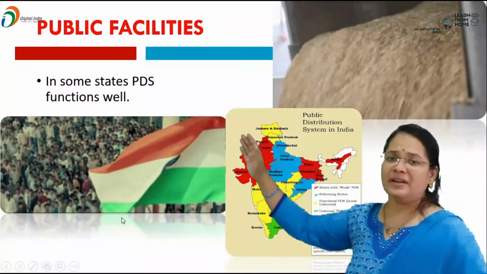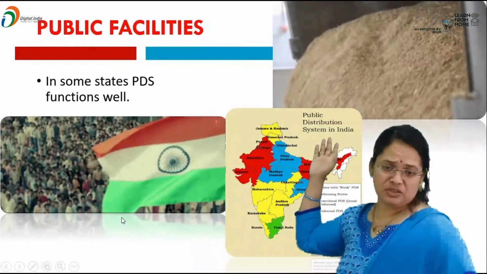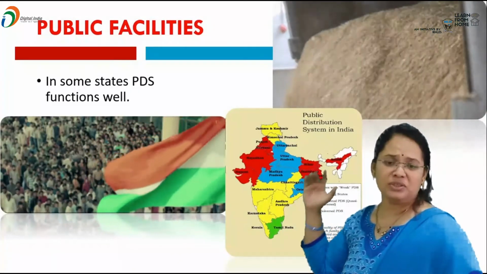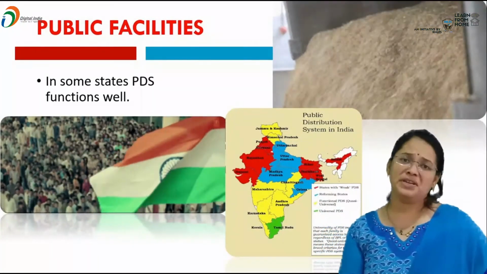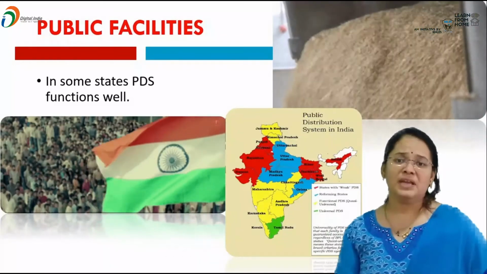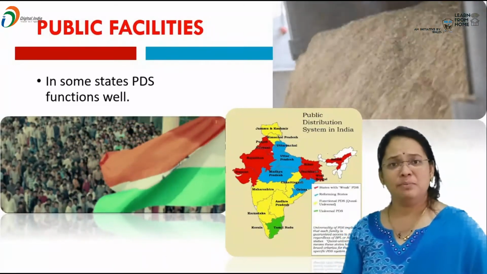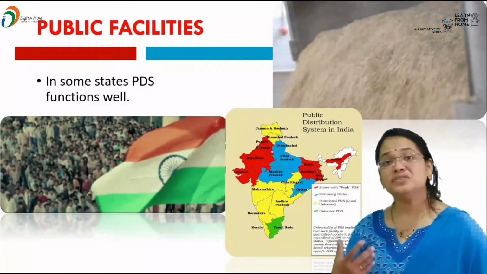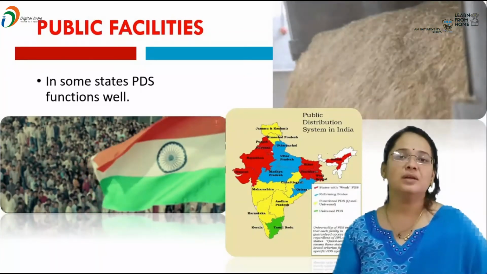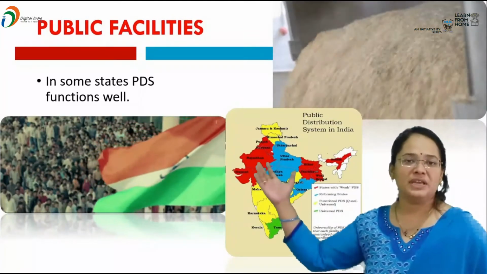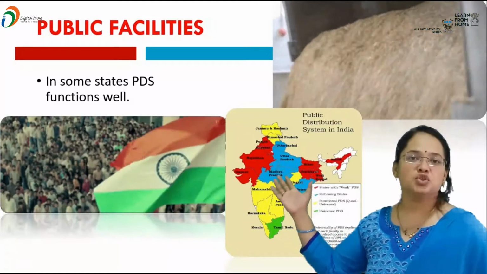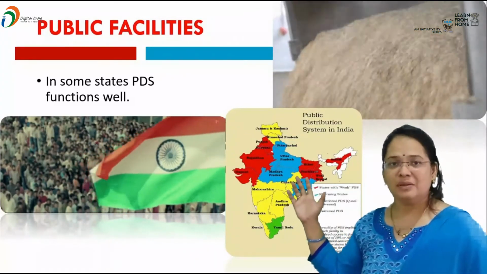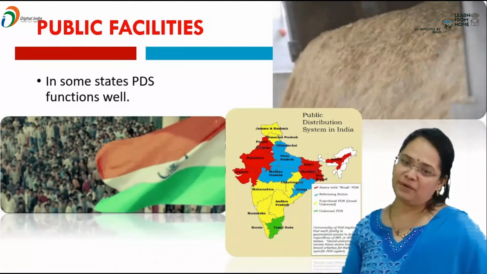Then the red marked states you can see here are very weak in PDS distribution because they have fewer facilities of the PDS, and we still need to improve the PDS distribution system there. That is the food grain distribution shops controlled by the government.